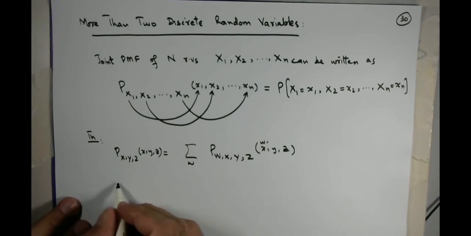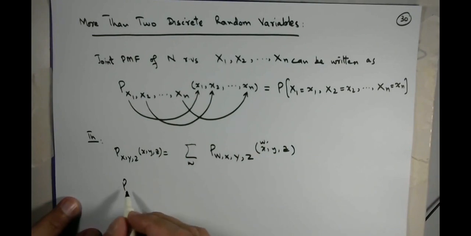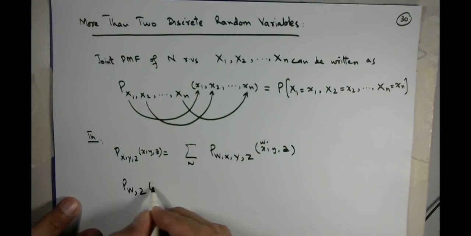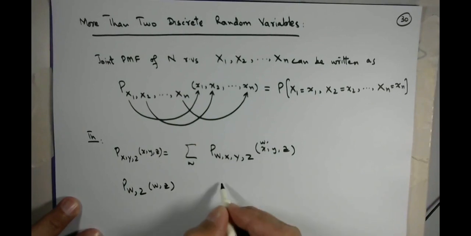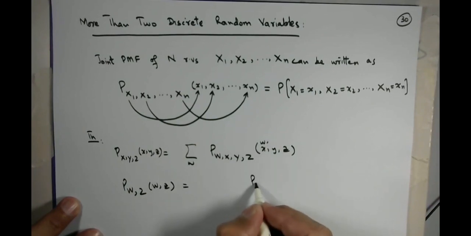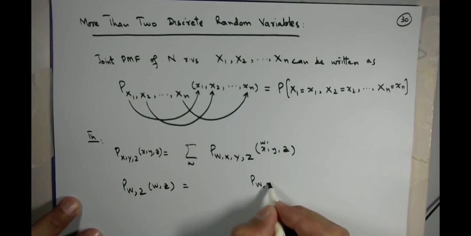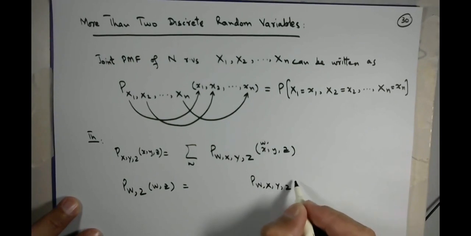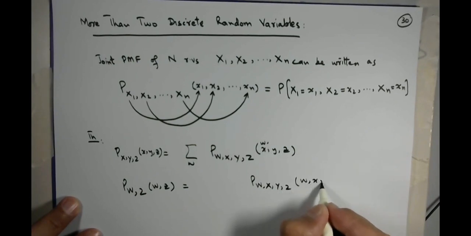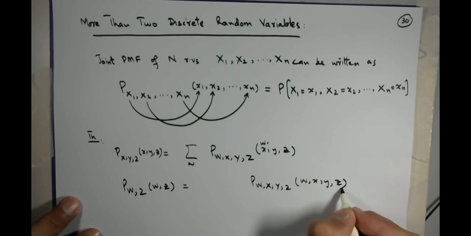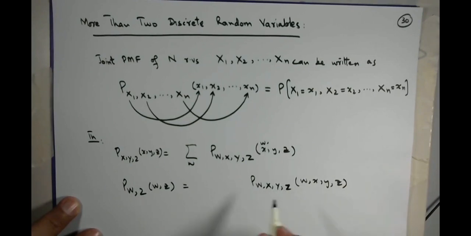And so, for example, you want to find the marginal distribution of w, z from this giant distribution on 4 random variables w, x, y, and z.